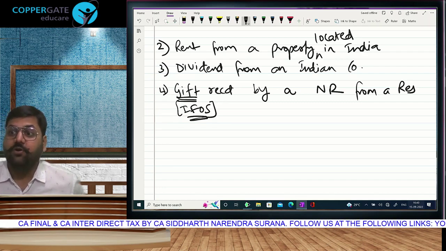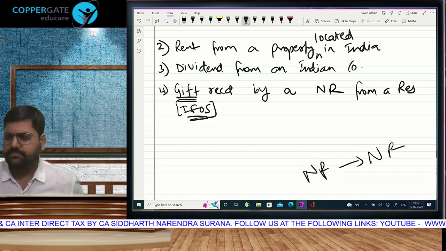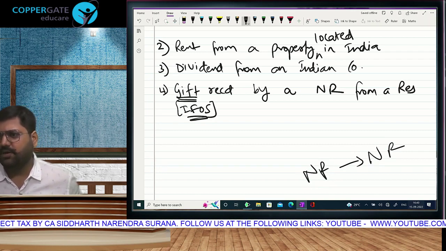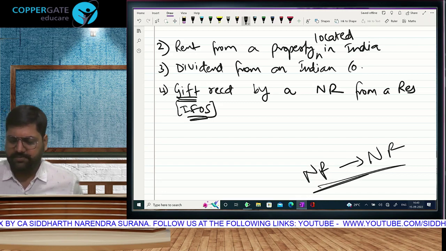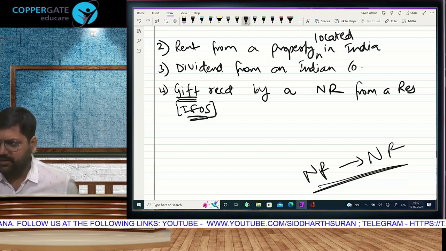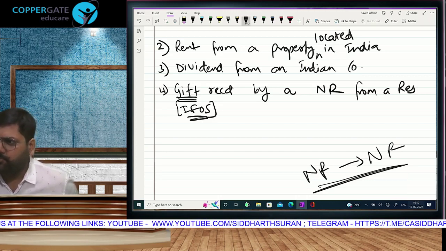If it is NR to NR, we can say that we will not levy tax in India. Is it possible that Barack Obama has given a gift to Hillary Clinton because she fought elections against Trump? So will we start taxing Clinton in India? Clinton might pay, but Trump will blow up.